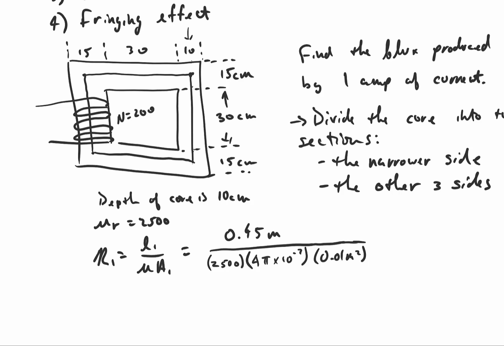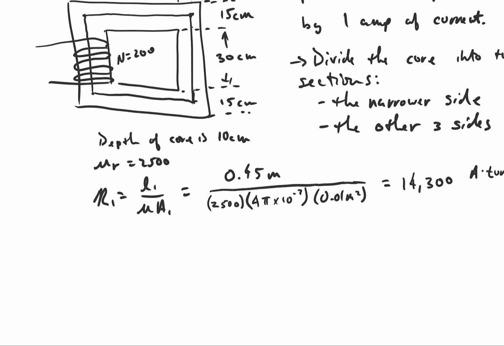And same here, this distance here is half of 15, so I'm getting 7.5 there, plus the 30 in the middle. That's how I get 45 centimeters. If I compute this, I find that my first reluctance is 14,300 ampere turns per Weber.